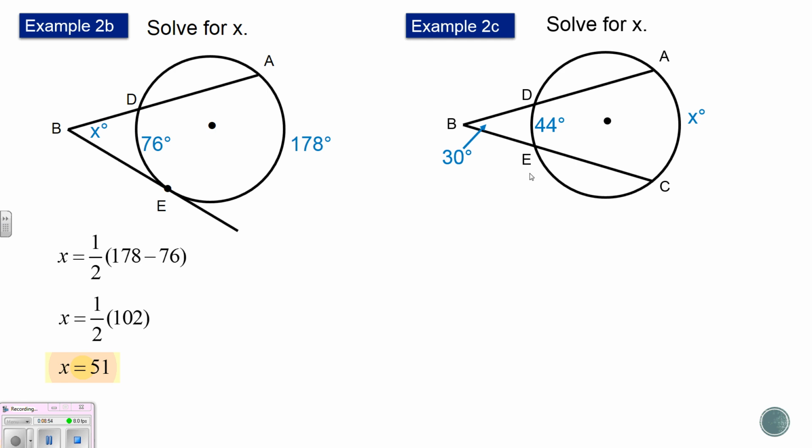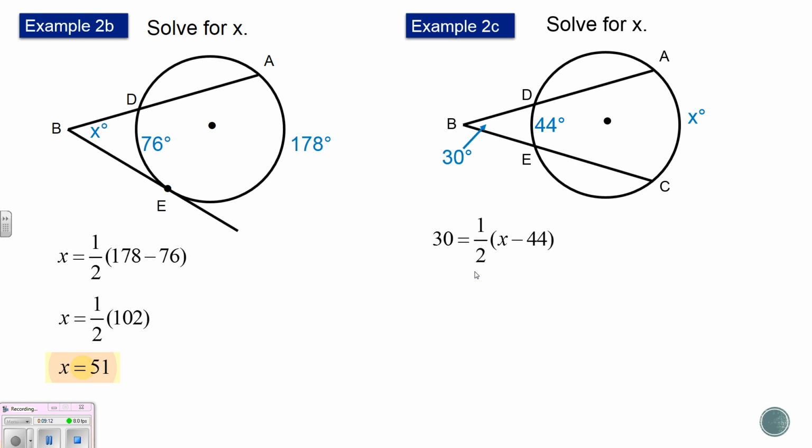And this kind of uses our formula. It's the same formula that this angle is half of this arc minus that arc. So when we plug that into our formula, this time we know what the angle is, and we're solving for the big arc. So I hope this is what you wrote down.